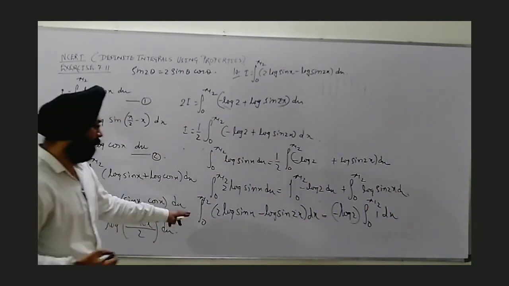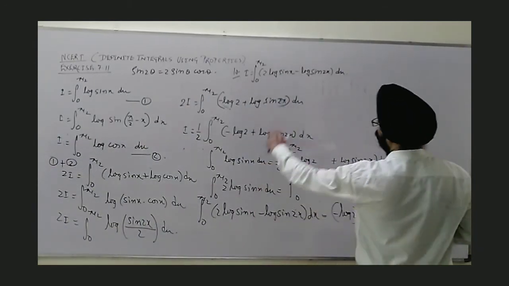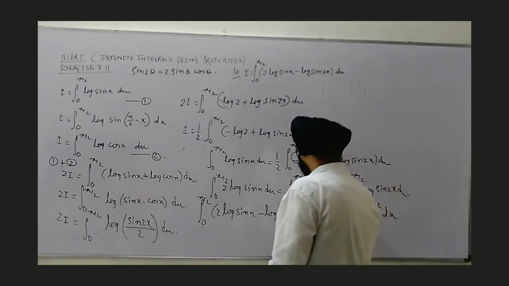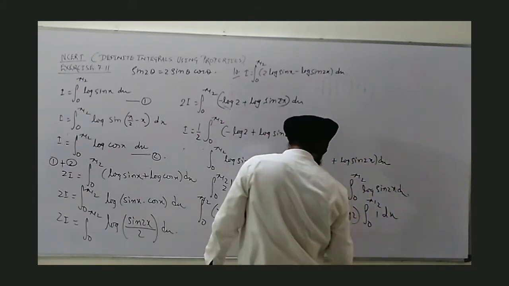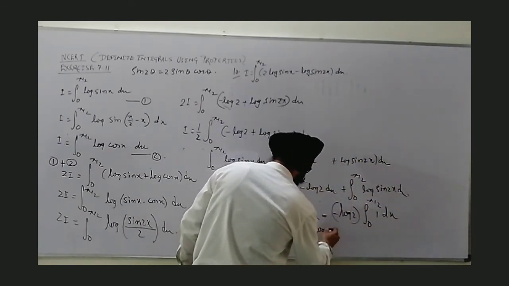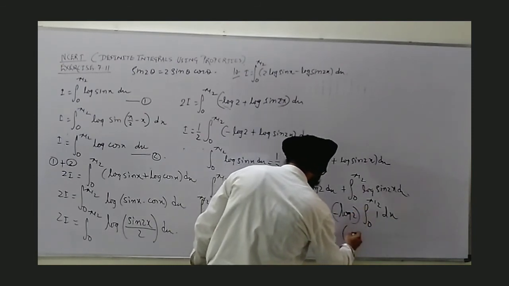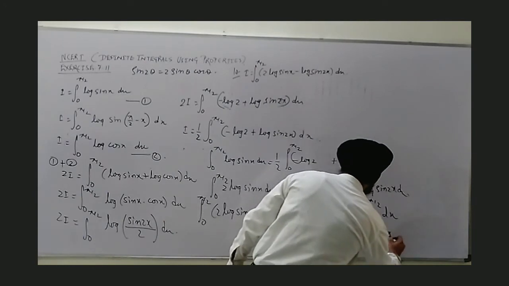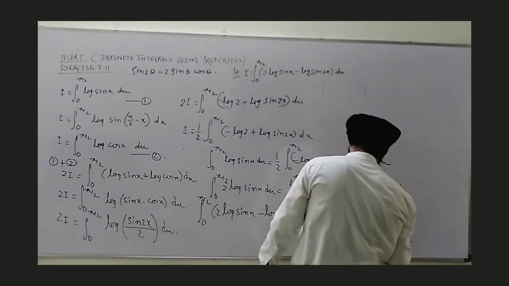Now you can compare this. The left hand side completely becomes equal to the given integral. So I need I as minus log 2 times x from 0 to pi by 2, which finally gives us minus pi by 2 log 2.